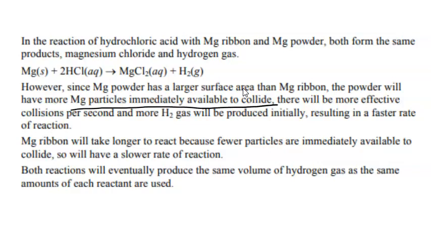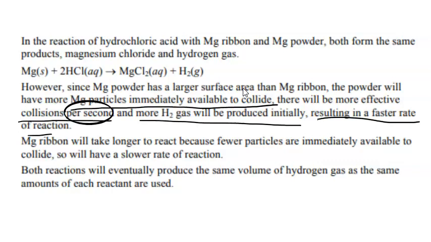There will be more effective collisions per second. So that per second is the same as saying there will be a greater frequency of effective collisions. So you can either say per second or frequency. We didn't include that. I'm not sure how important that is for an excellence part. And then resulting in a faster rate of reaction. And then the magnesium ribbon, fewer particles immediately available to collide, slower rate of reaction.